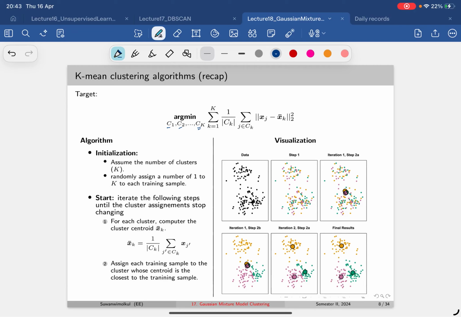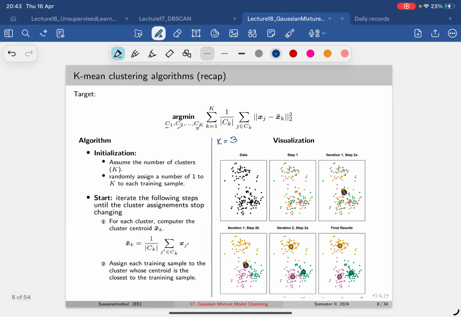For example, suppose that the number of clusters, K, is equal to 3. Then K-means clustering will try to find which points should be grouped as cluster 1, which as cluster 2, and which as cluster 3.